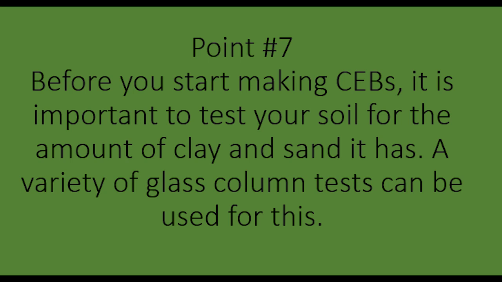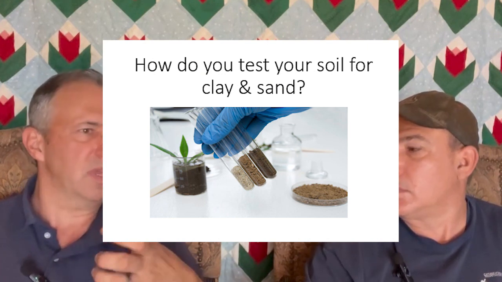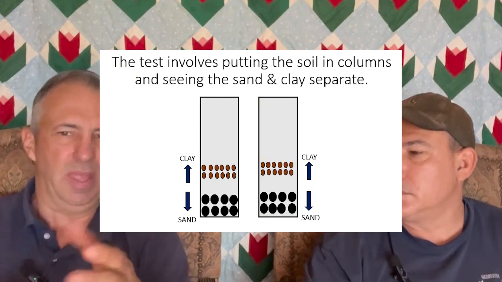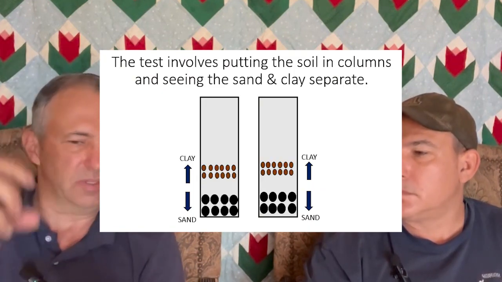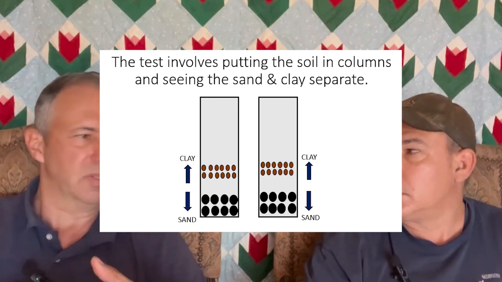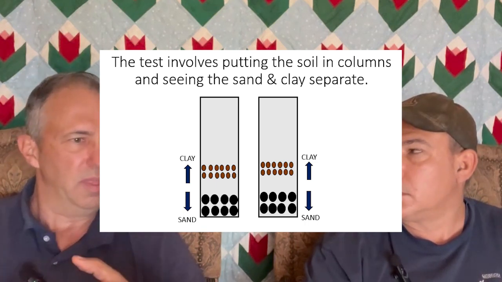Before you start making compressed earth blocks, it is important to test your soil for the amount of clay and sand it has. A variety of column tests can be used for this. Have you ever tested to see what it looks like? How you test for clay versus sand? How you figure that out in your soil? What I've seen them do is they pour water in a tall column or a tall glass with dirt in it, and it starts to separate, and you can see the sand and the clay part.